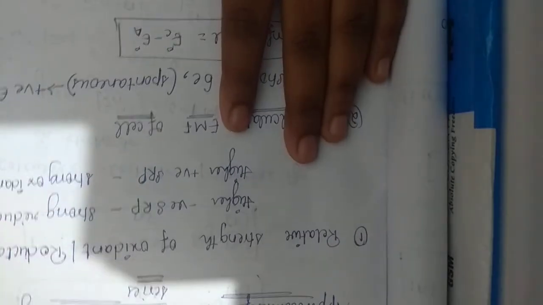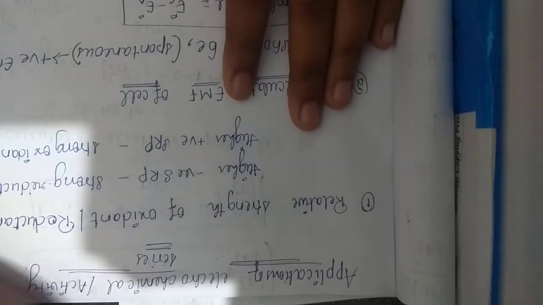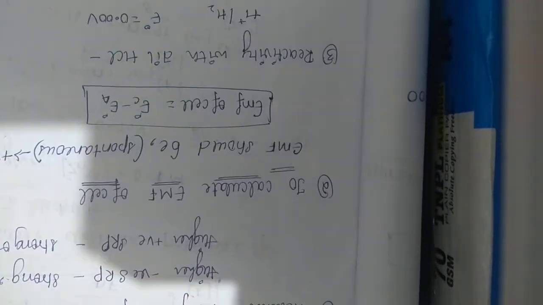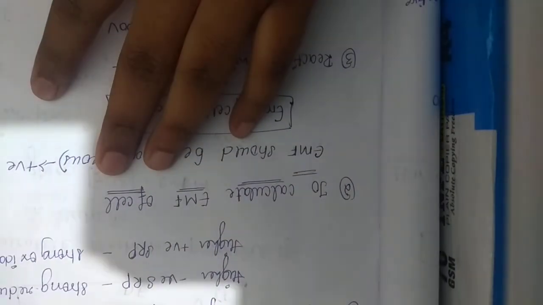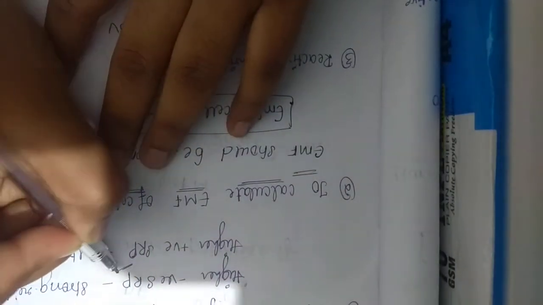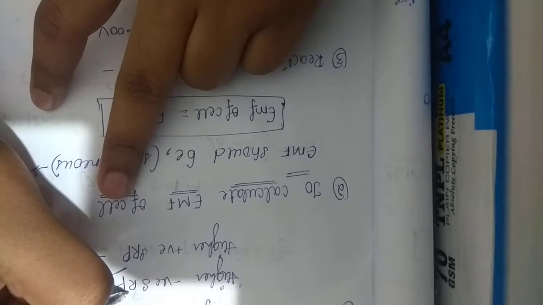Now we go through the applications of the electrochemical series or activity series. How is the electrochemical series useful for us? The first application is the relative strength of oxidant or reductant. Who has the higher negative SRP?